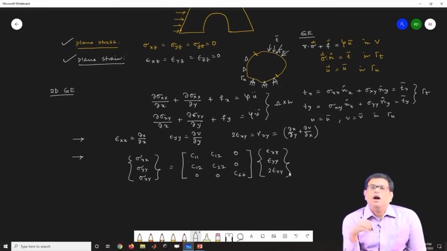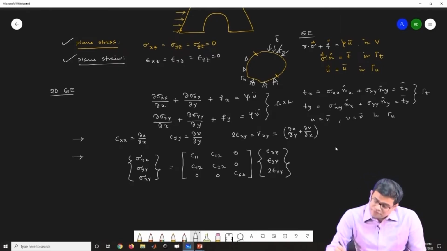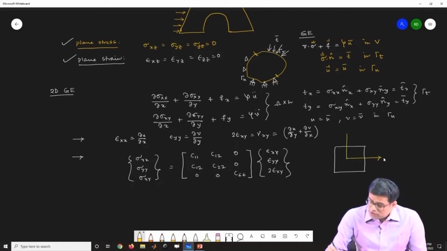Now here what I have assumed is that suppose this is my body and this is my material. Here I assume that this is my material axis. This is my one axis, this is my two axis. Suppose there is a composite, where the fibers are like this.